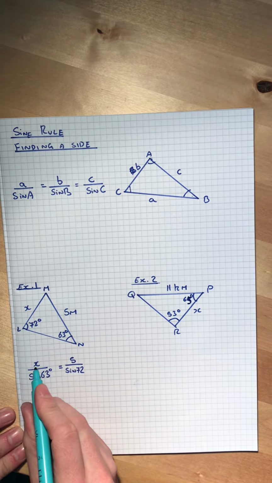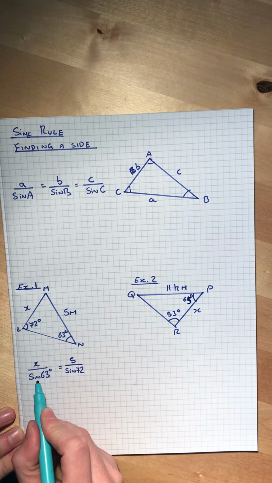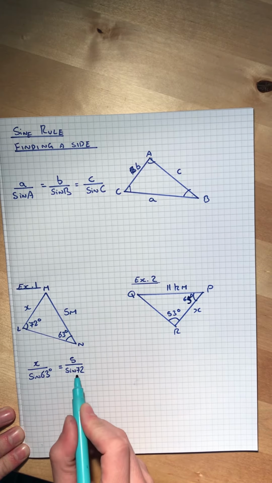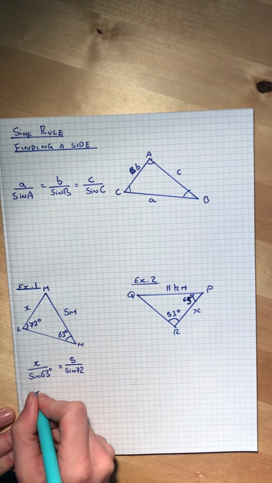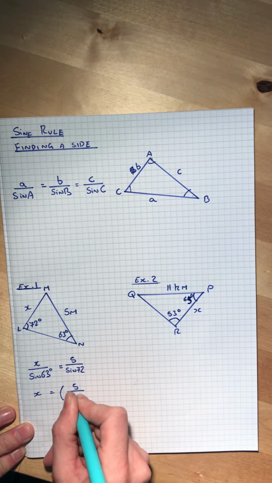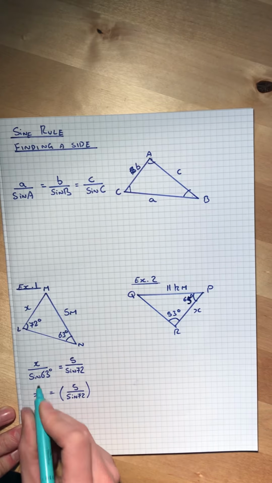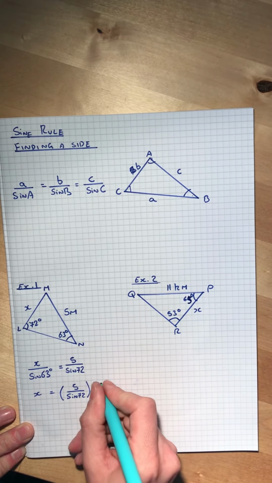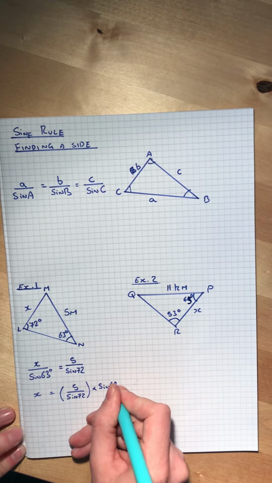What we can now do is rearrange for x, so that's x divided by sine 63 equals 5 divided by sine 72. We can rearrange that to be x equals 5 over sine 72 times sine 63.